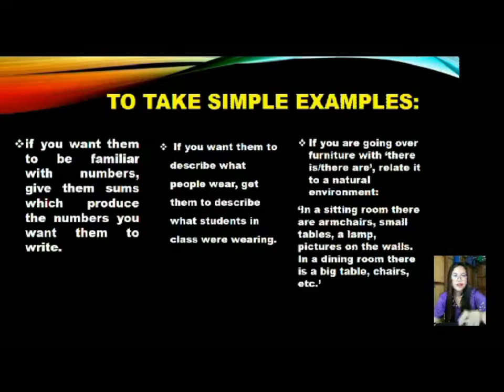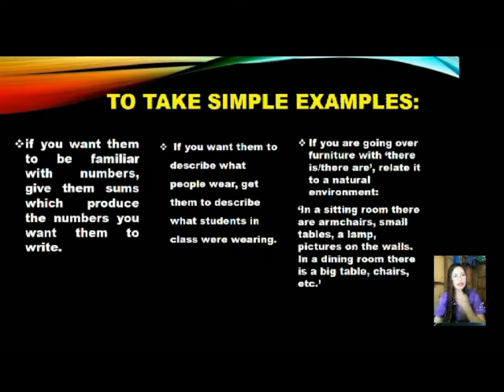To take simple examples: first, if you want them to be familiar with numbers, give them some which produce the numbers you want them to write. Second, if you want them to describe what people wear, get them to describe what students in class were wearing.